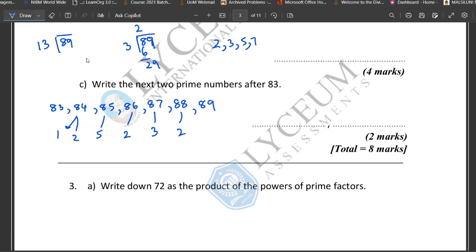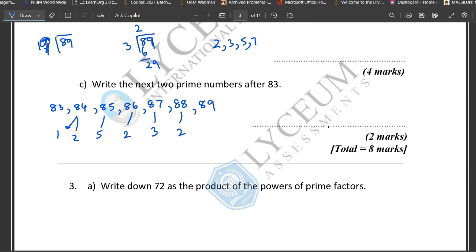It's 91, so it's not a factor. 15, 16, now 17. 17 times 5 is 85, therefore that's also not a factor. 18, also not a prime factor.